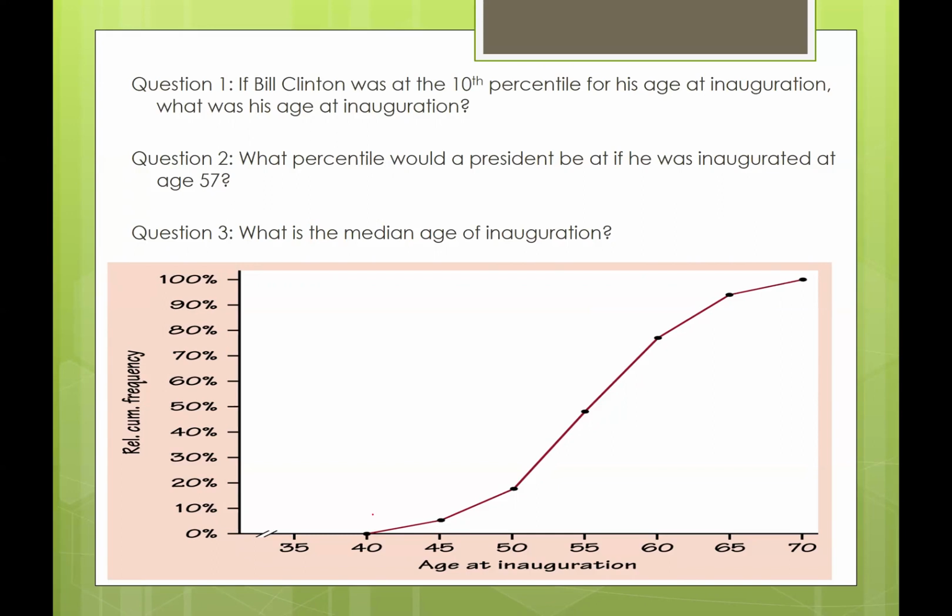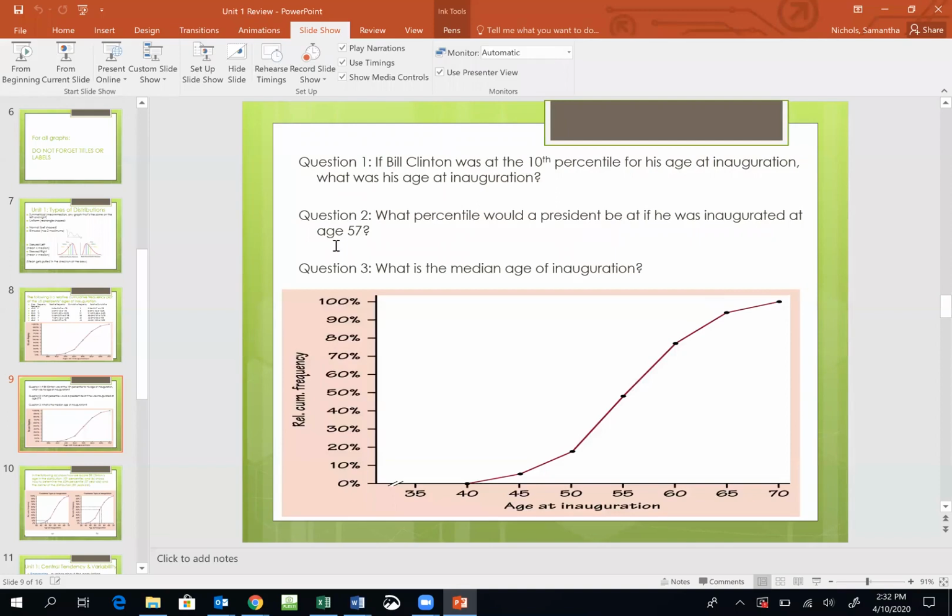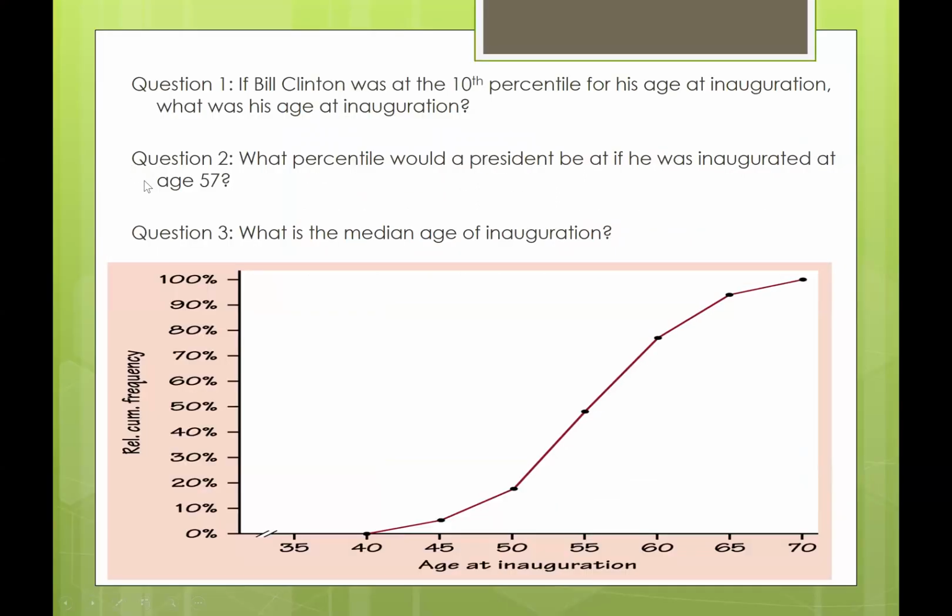So right here we can see, if we go to the 10th percentile, what we're going to do is start from 10%, and I'm going to try to draw a straight line on this tablet. It's not even a little bit straight.